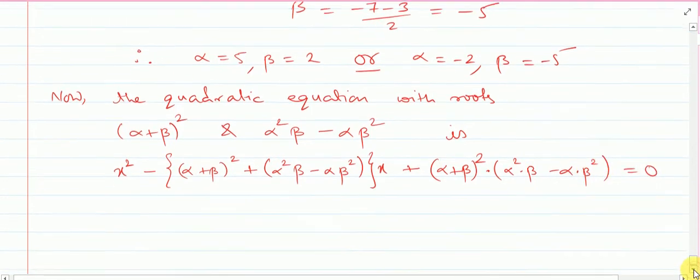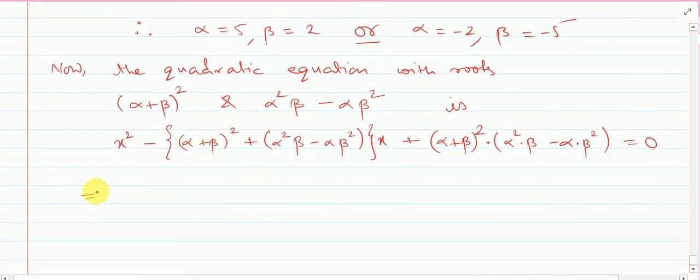So alpha plus beta whole square, and here you can see from here we can take out alpha beta as common, so we get alpha minus beta.